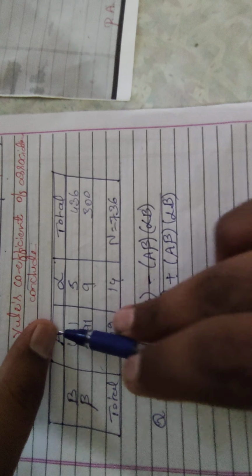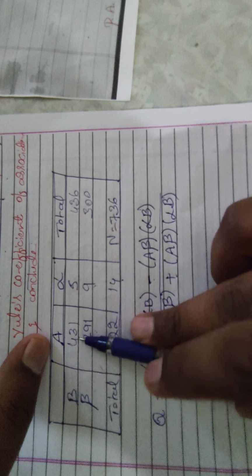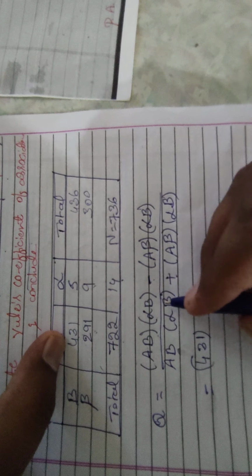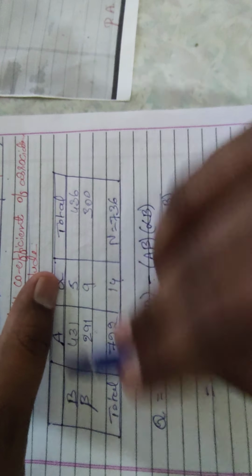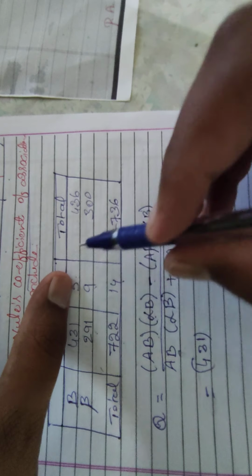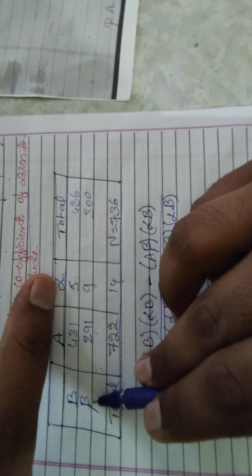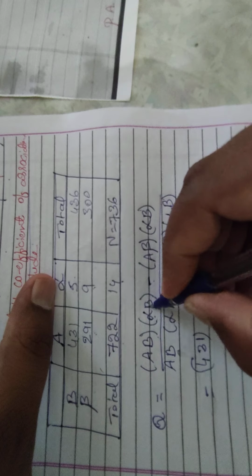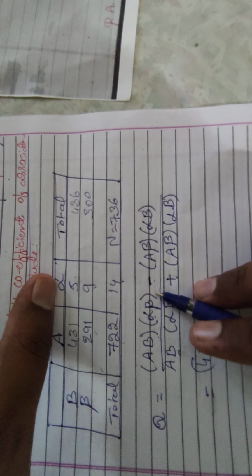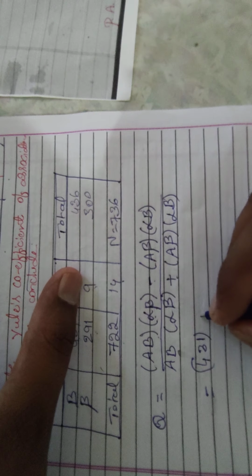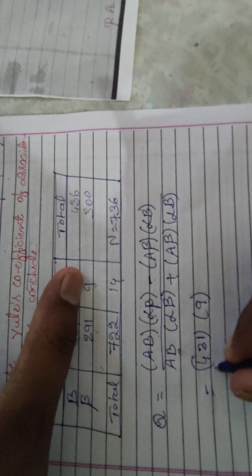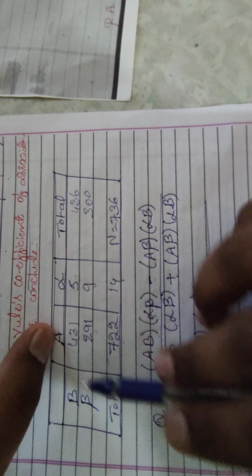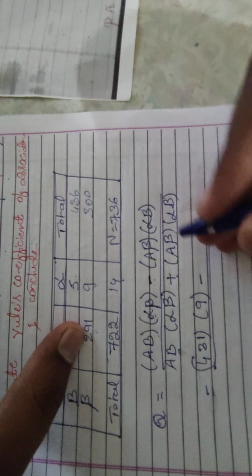So next we have to write values. A into B, the value is 431. Next alpha into B, the value is alpha into beta, right? So alpha into beta, the value is 9, minus A into beta, the value is 291.